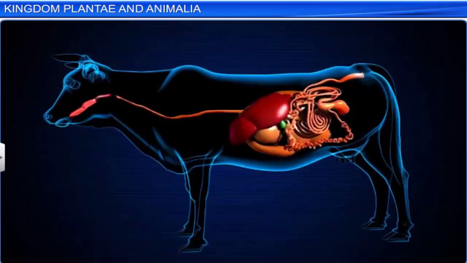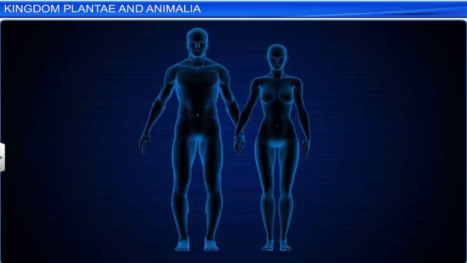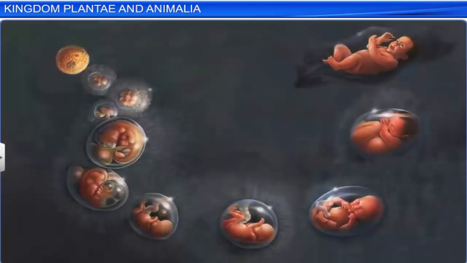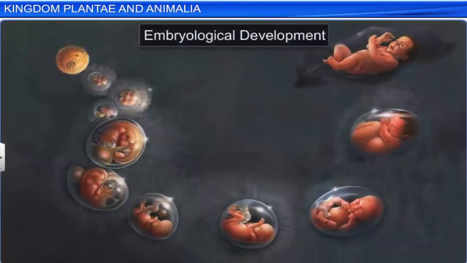In animals, ingestion generally means they take in food through the mouth and pass it through the gastrointestinal tract. Animals reproduce sexually after a male and a female copulate, which is followed by embryological development.